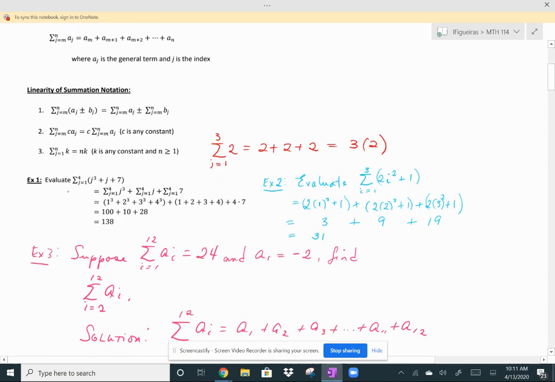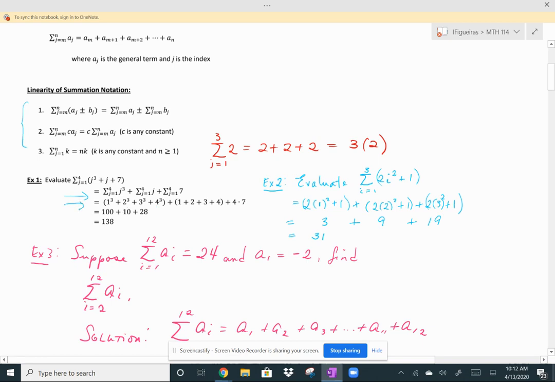Here's example 1. I have the sum as j goes from 1 to 4 of j cubed plus j plus 7. So I'm going to be able to use two of the properties above: the first one and the third one. The first one is applied here in the very first line where I set up my summation in the original problem into three separate summations. Then I expanded the first two.